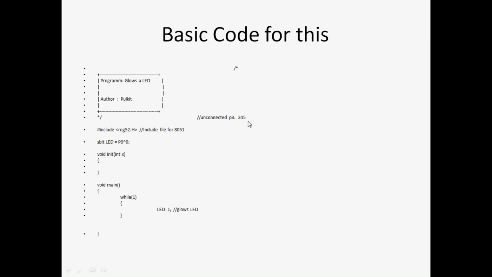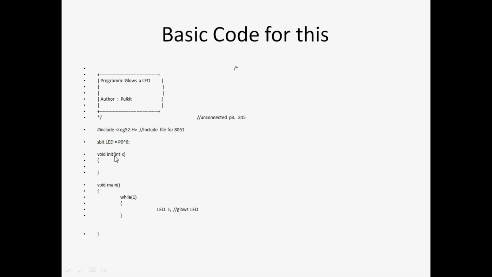Now comes the code for glowing the LED with 8051. Mainly this is the simplest code for our 8051. So here I have done #include <reg52.h>, the register header file which contains declarations of all the registers to be used in the program. sbit is used to make an identifier of the desired pin.